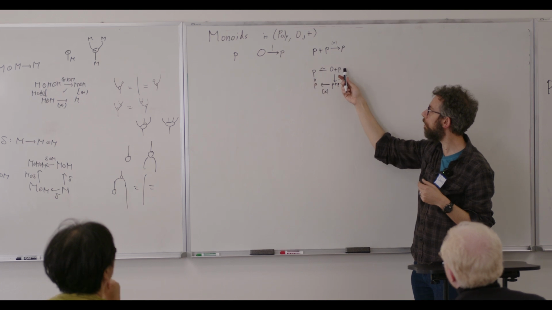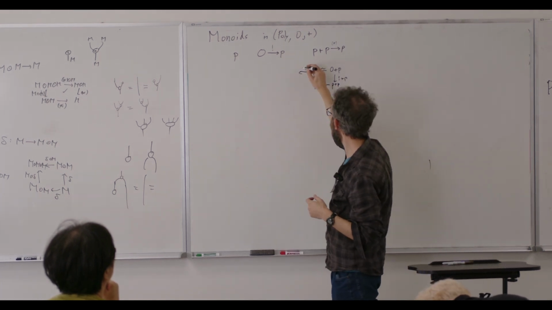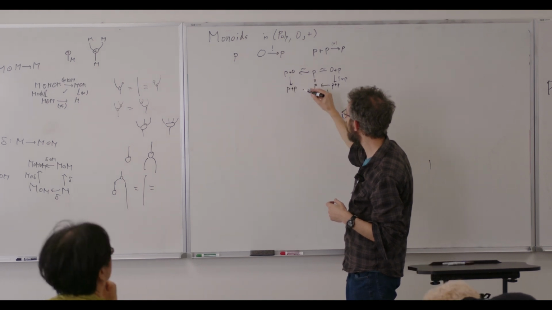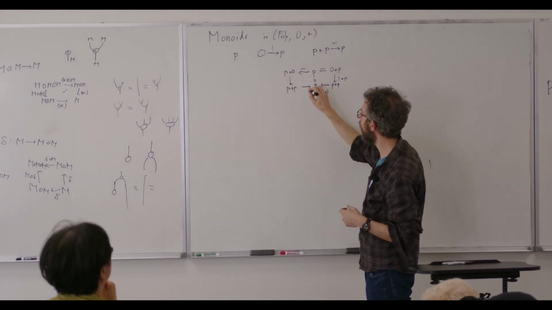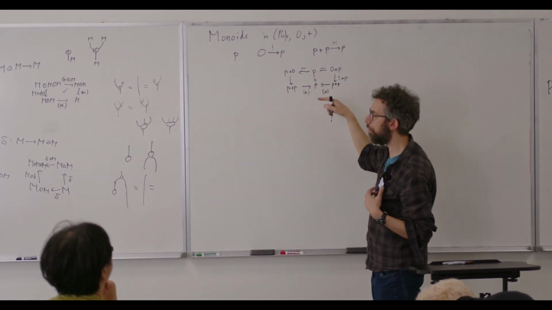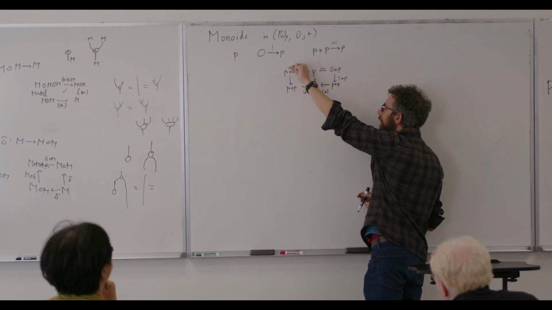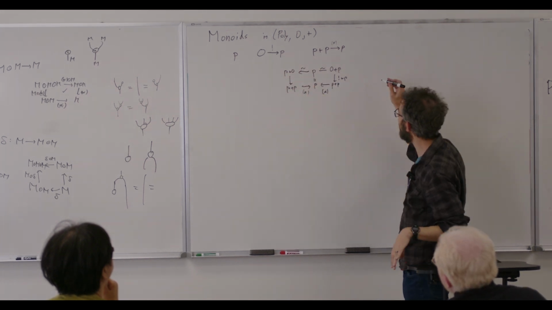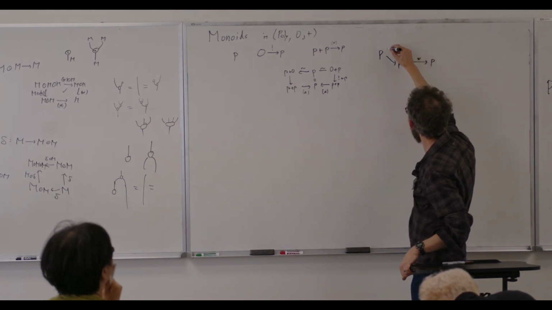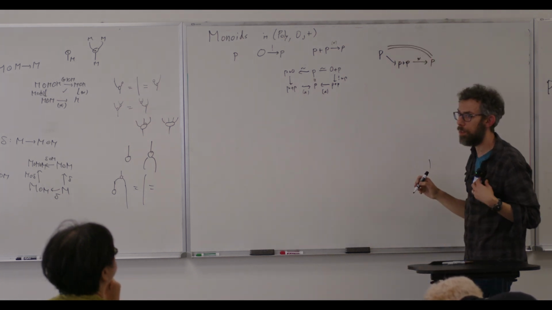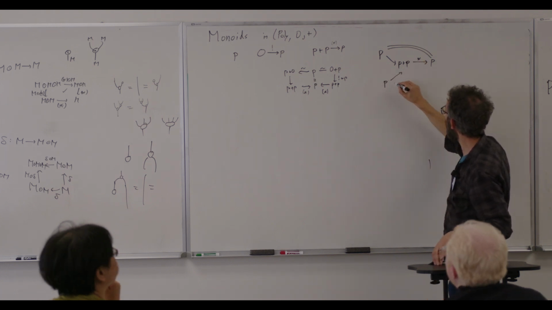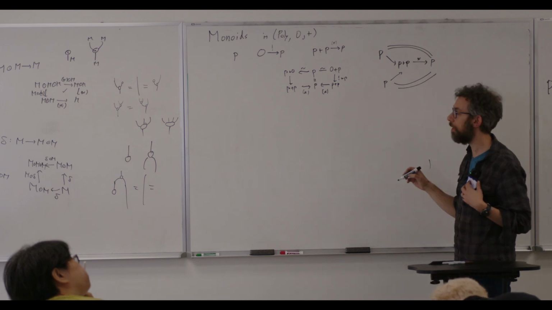So it says if we go into the right factor or into the left factor, and we add 0 on the other side, or we start with 0, then we get back where we started from. In other words, when we go in here and go around, what is this saying? This is saying p goes into p plus p, and p plus p goes here, and this is identity. And p goes into the other side, and that composition is identity.